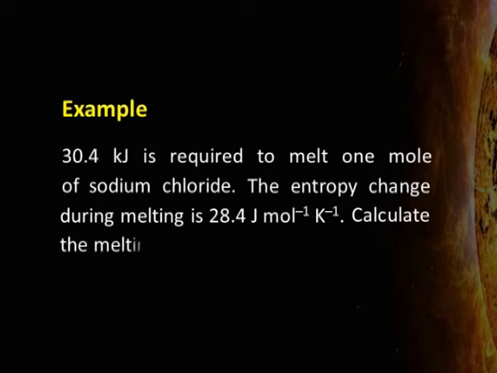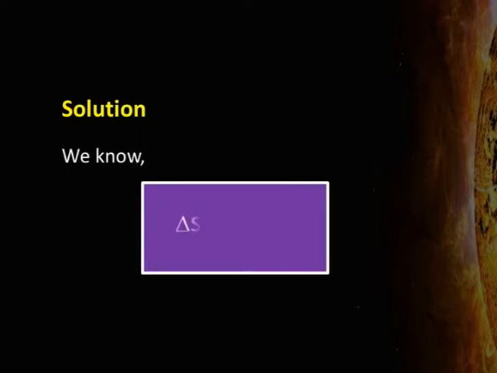Calculate the melting point of sodium chloride. Now you know that delta SF is equal to delta HF divided by TF. Here delta SF is entropy change in fusion process, delta HF is molar heat of fusion, and TF is melting point of the substance taken in Kelvin.